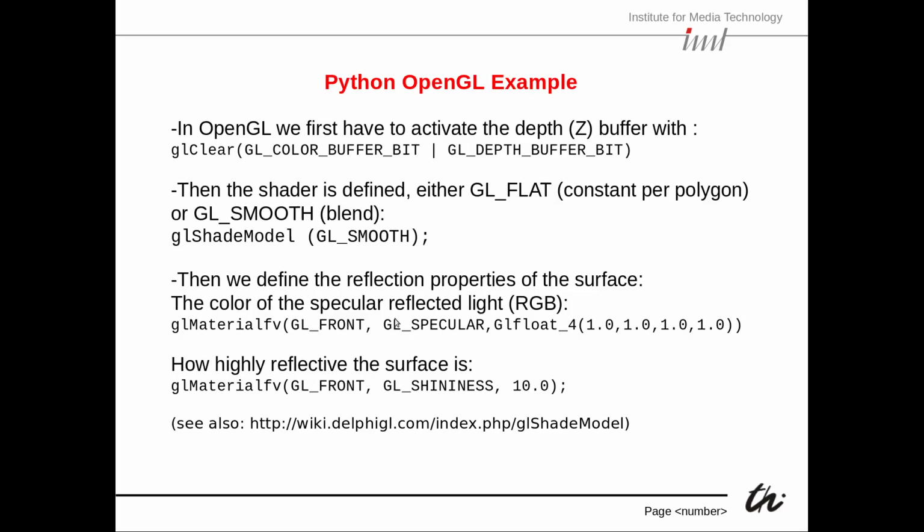Here we have specular reflection, and this is the RGB value here in floats, 1.0, 1.0, 1.0, 1.0. So this means white light. And here this defines how reflective the surface is. So this is the shininess. Here I give it the value 10. Right. You can also read more about it on this web page.